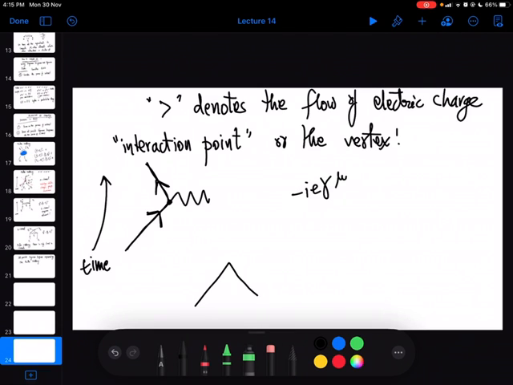Say for example, in the case we were planning to write an S channel of both electrons. If both of them are incoming electrons, you will have such an arrow in which there is no flow of electric charge. Here there is an extremely nice flow of electric charge which is continuous. Here the electric charge seems to be in conflict. They are sort of attacking each other, they are cancelling each other, or it's the same electric charge, so they are joining.